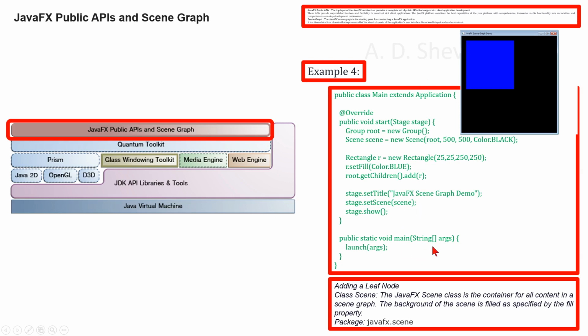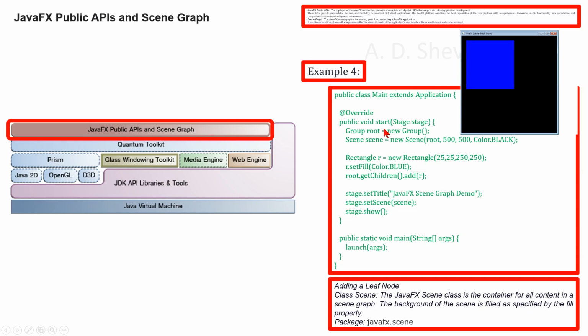The important points to consider in this example are as follows. The main class is an extension of the javafx.application.Application class. Its start method is overridden.